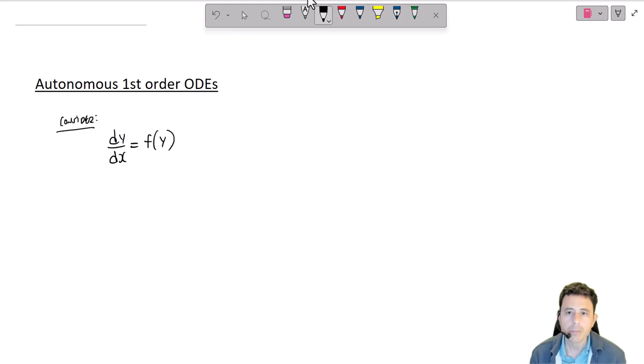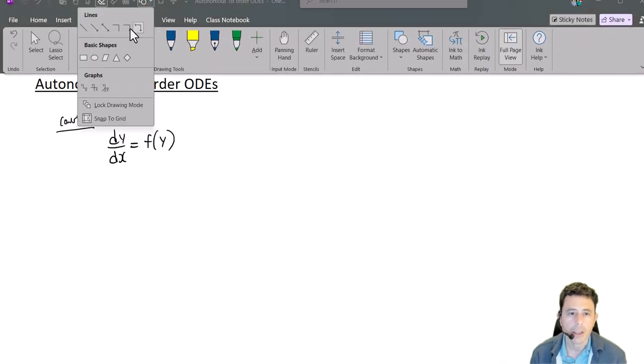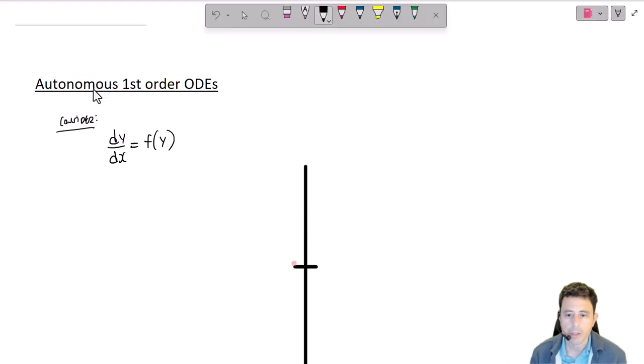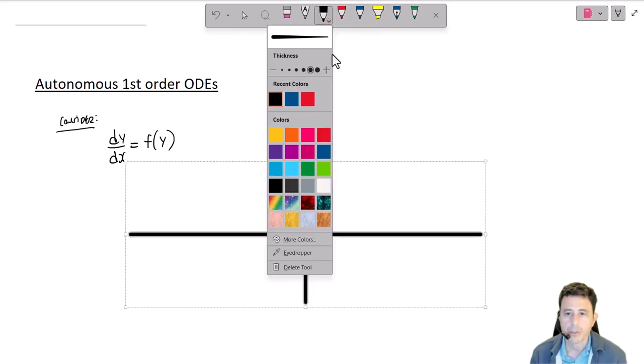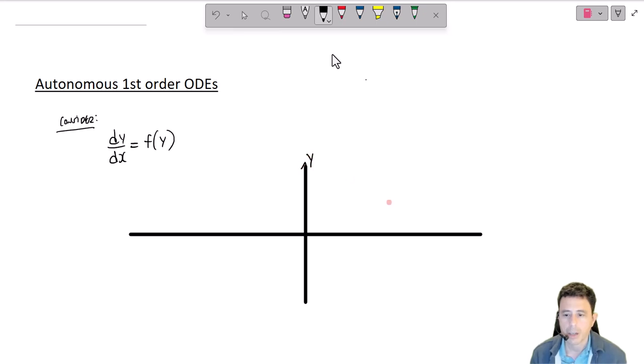For example, let's draw here an xy plane. This is the y-axis, and this is the x-axis. Let's say, for example, let's pick y equals 2. I don't know what the derivative is there. So the line y equals 2 is here, but I don't know what the original derivative is.